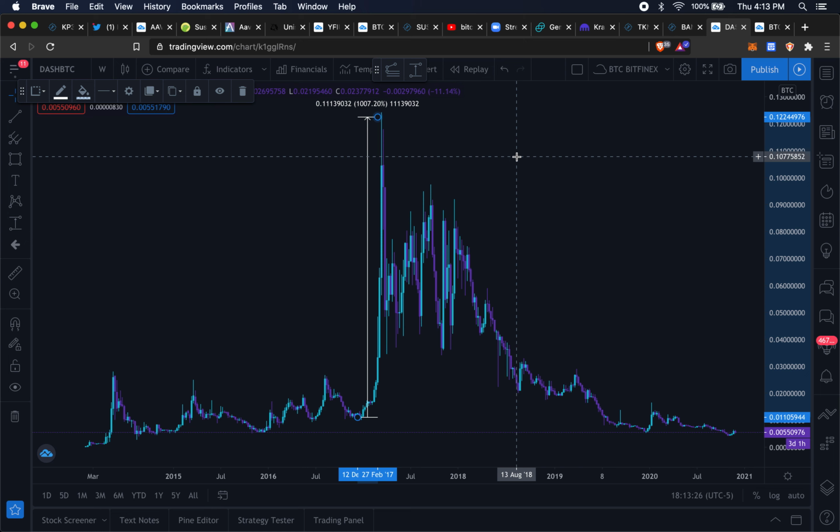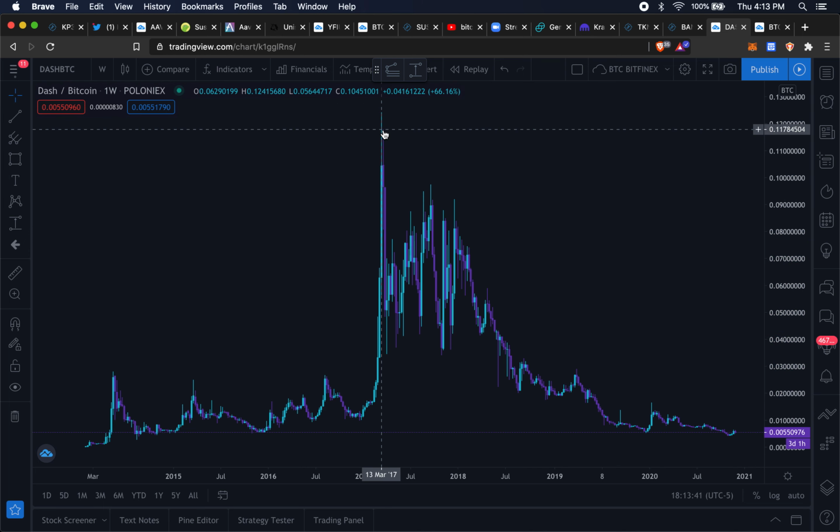So if you'd thrown one Bitcoin on Dash and then you sold near the top, after that you'd have 11 Bitcoins. And so this peak happened at the peak of this alt season in 2017 for Dash.